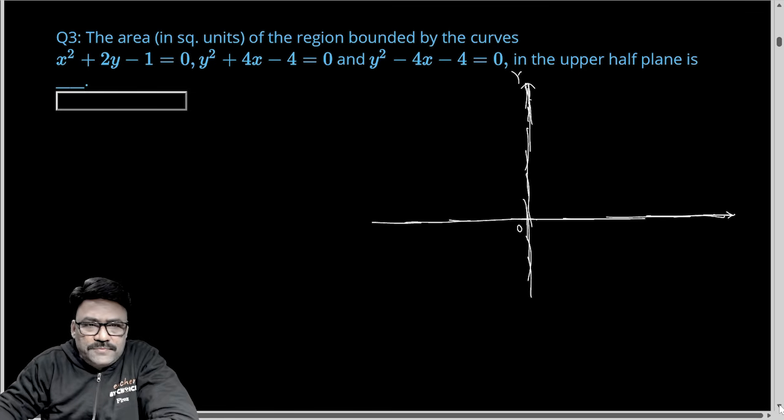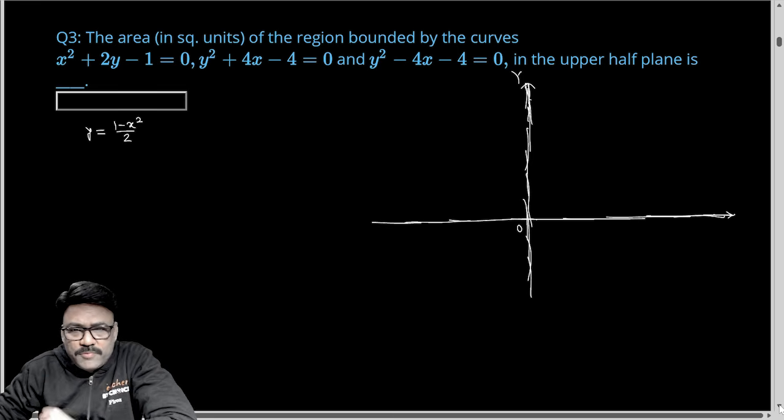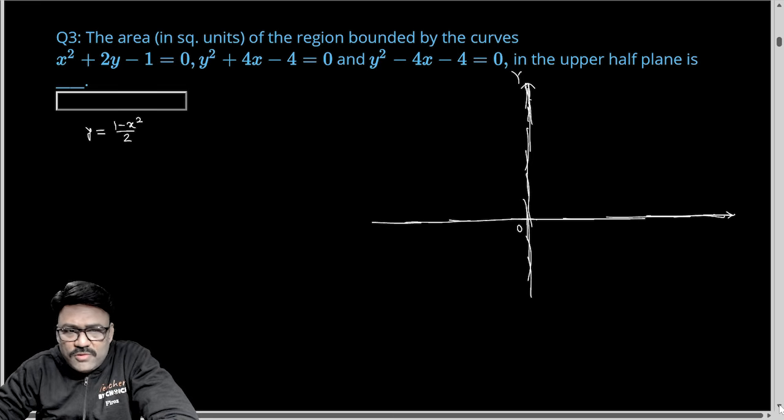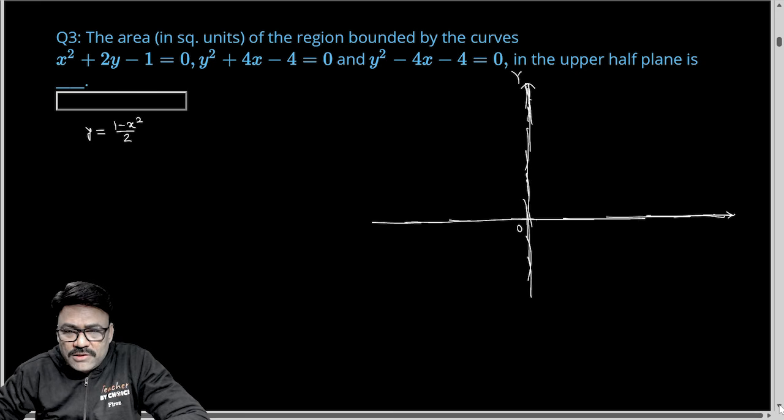So the first curve is what? y is equal to 1 minus x square by 2. It is actually a downward parabola having vertex at 0 comma half, and this parabola cuts x-axis at 1 and minus 1. So this is basically a downward parabola. It goes like this.